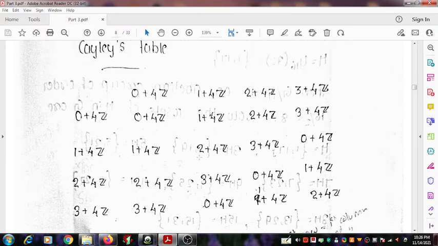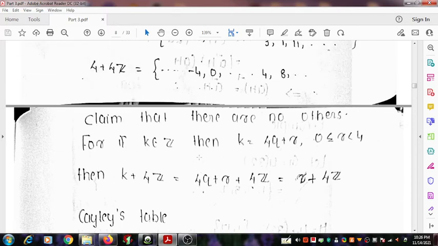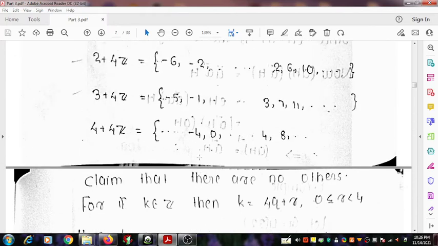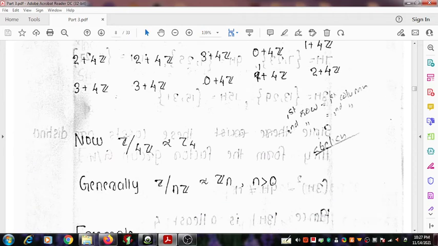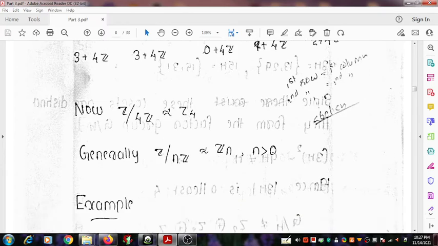Okay, then you can generalize this concept. It's a concept which is explained in the case of Z and its normal subgroup. You can generalize this concept in the case of NZ, where n is any natural number greater than 0. So considering the set of integers Z and taking n instead of 4, where n is any natural number, we get that Z bar NZ is isomorphic to Zn.